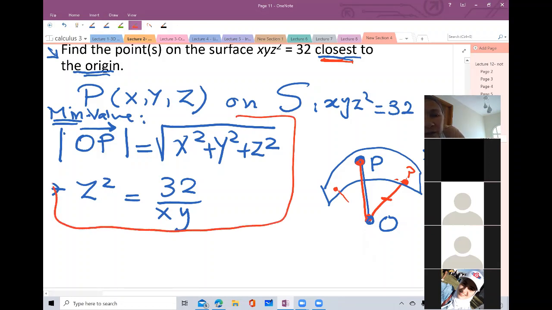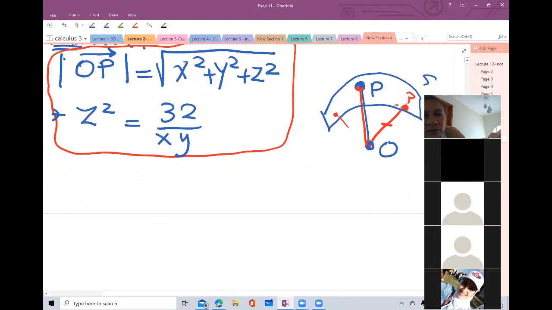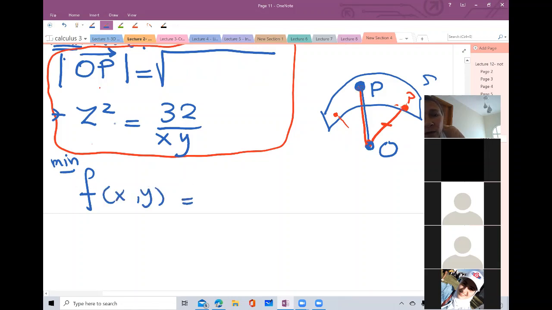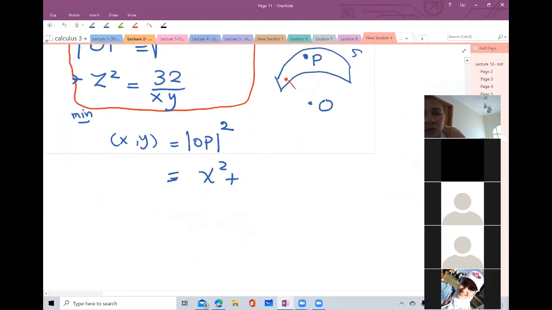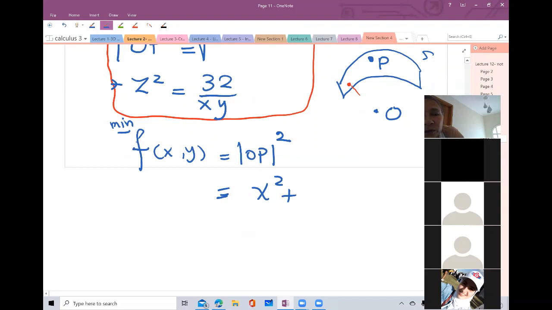Can I simplify it more to try and solve? Here I have two equations, and I want to write them as one. I want the minimum value of the function, but I will reduce it to x and y, and I'll consider my function to be the distance squared. Why squared? To get rid of the square root, I don't want to keep moving with the square root.